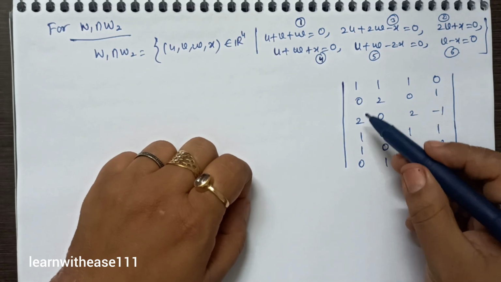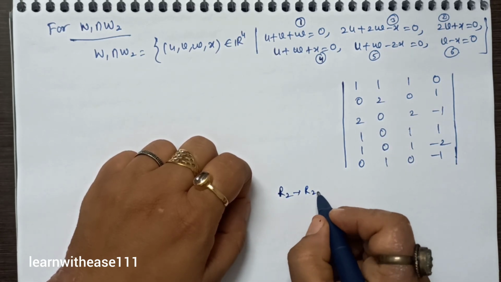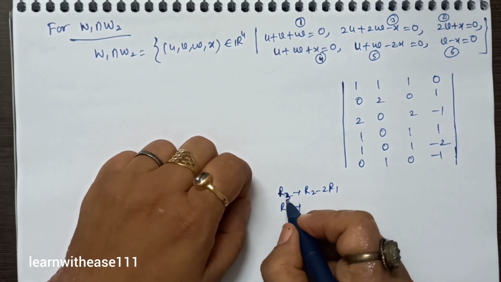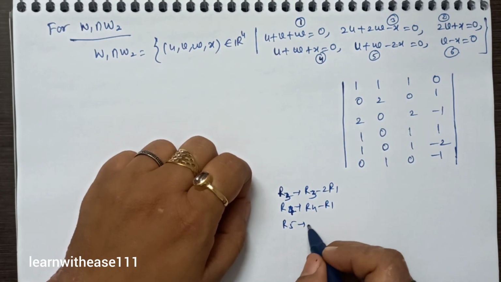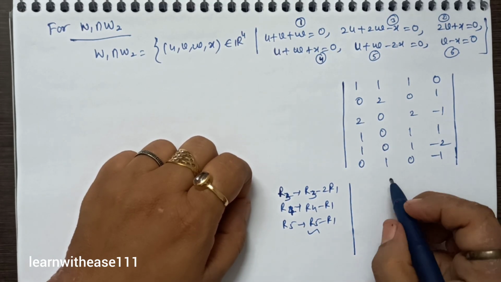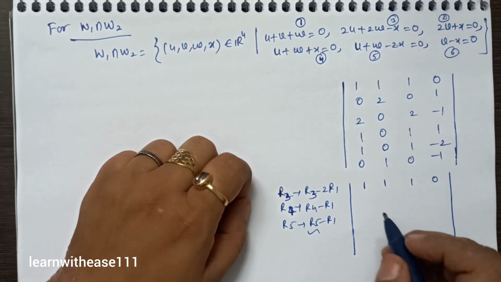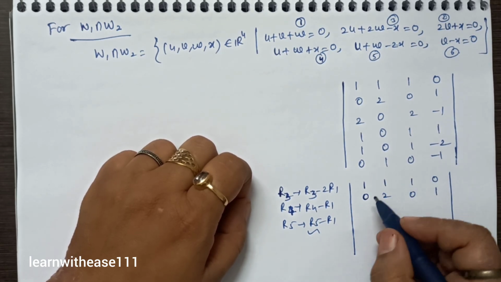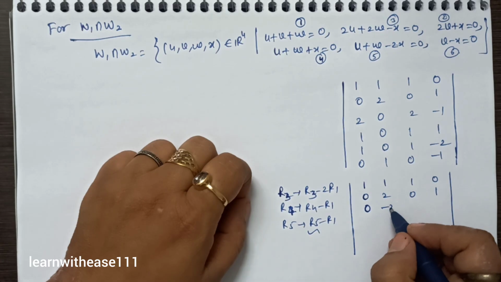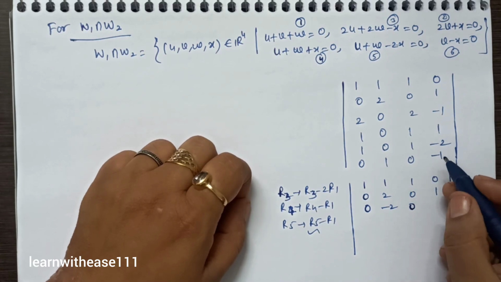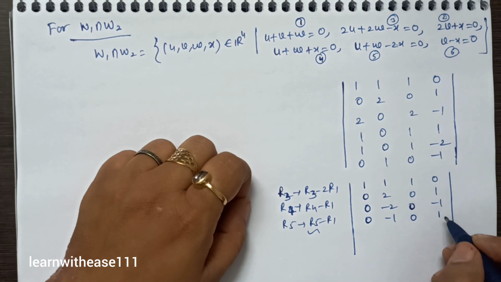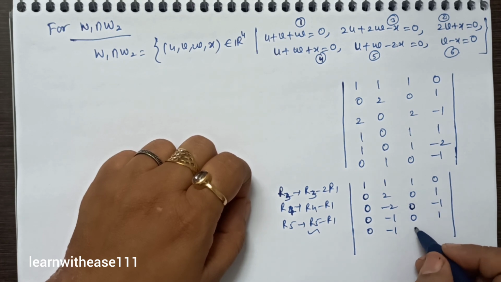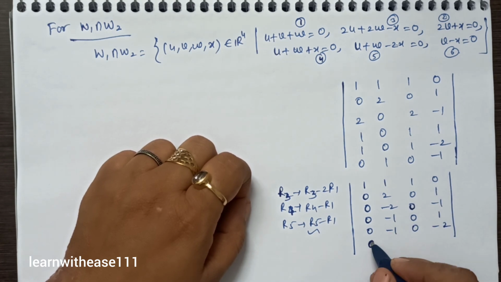Reducing it into row echelon form, first I'll be making R3 tends to R3 minus 2 times R1, R4 tends to R4 minus R1, R5 tends to R5 minus R1. No change in R1, R2. R3 is changing. Applying these operations, no change in the last row.